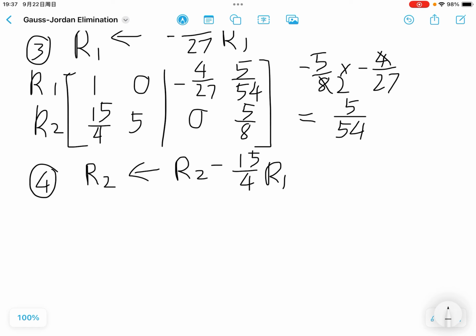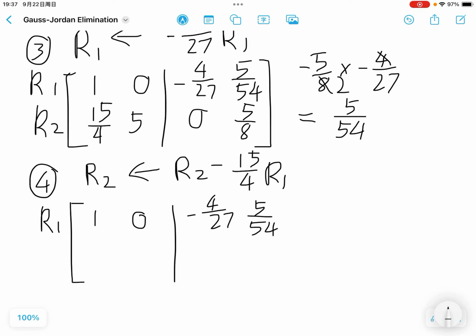So we can do that step by step. And then row 2, the original row 2, we subtract 15 over 4 times row 1 from the original row 2. So row 1 stays the same because we aren't replacing row 1 with anything, we're replacing row 2. So that's that. Row 2, we want row 2 minus 15 over 4 times row 1.